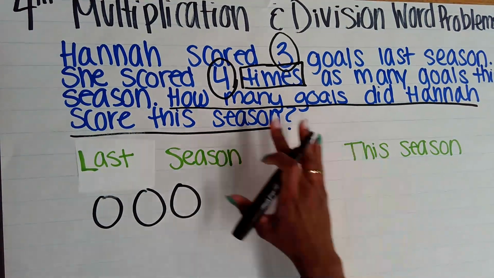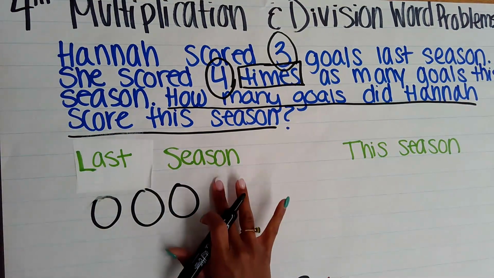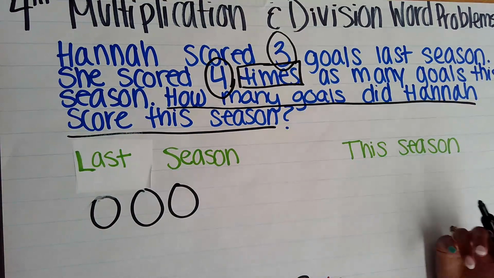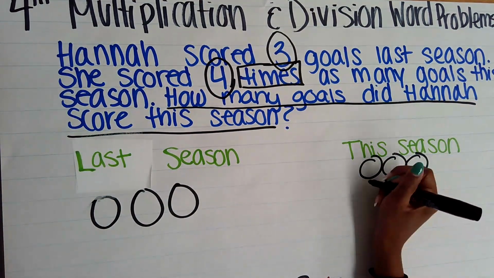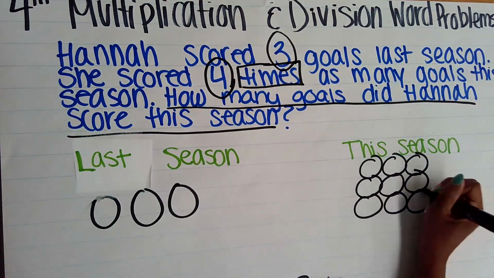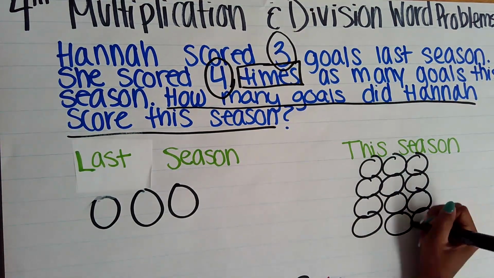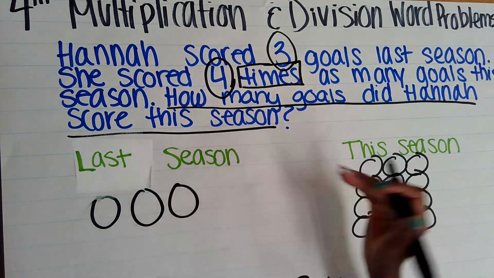This season, I have 4 times as many, which means I have my 3 goals, and I need to show 4 times that amount. So let's start. There's my 3 goals. Here's 2 times, 3 times, and 4 times as many goals this season as last season.